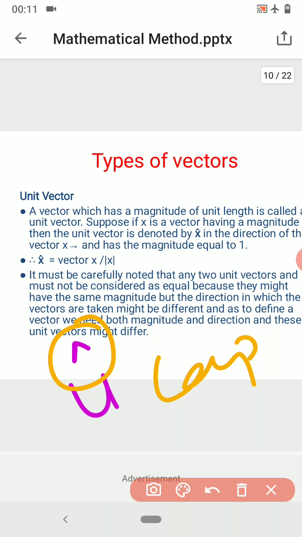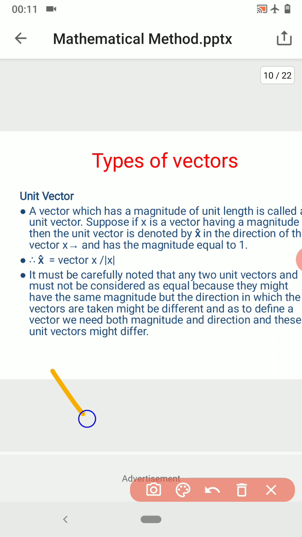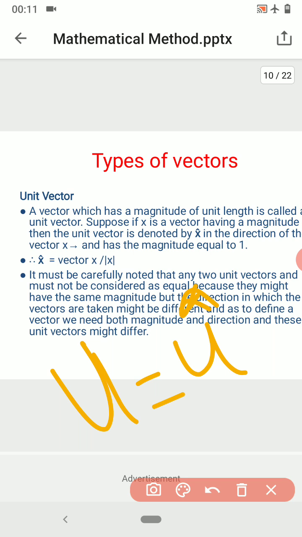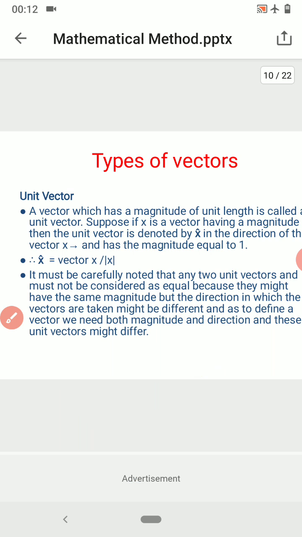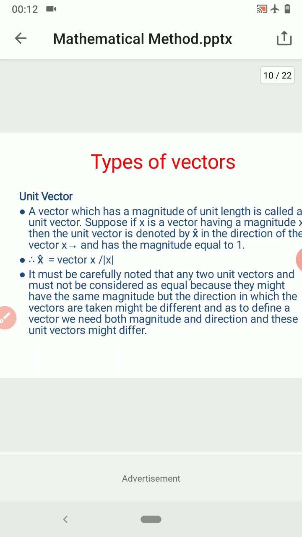So if your vector is u, then its unit vector will be u cap. So u cap means it has magnitude equal to 1. And you can find the unit vector by this formula.